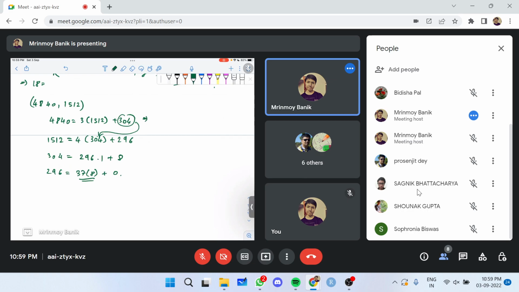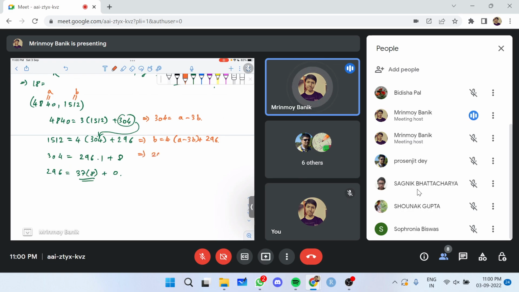For convenience, I will write 4840 as A and 1512 as B. So 304 equals A minus 3B. Then we get the second equation, as 1512 is B: B equals 4 times (A minus 3B) plus 296.